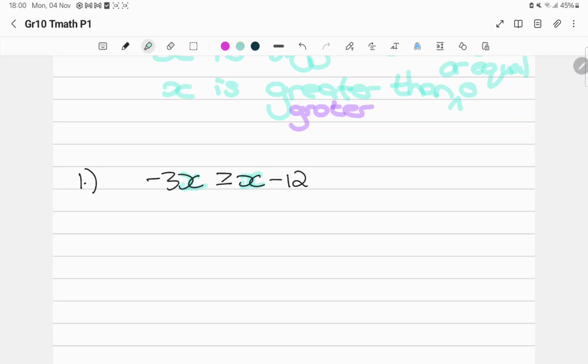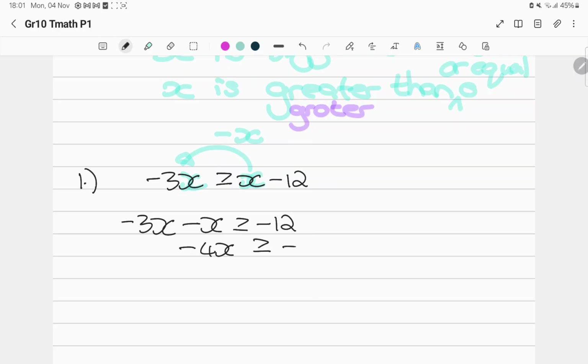I cannot have x on both sides, so I have to take the x over. When this x goes over, it becomes minus x. So now I have minus 3x minus that x, and then my negative 12. What is minus 3x minus x? It gives me minus 4x is greater or equal to negative 12.